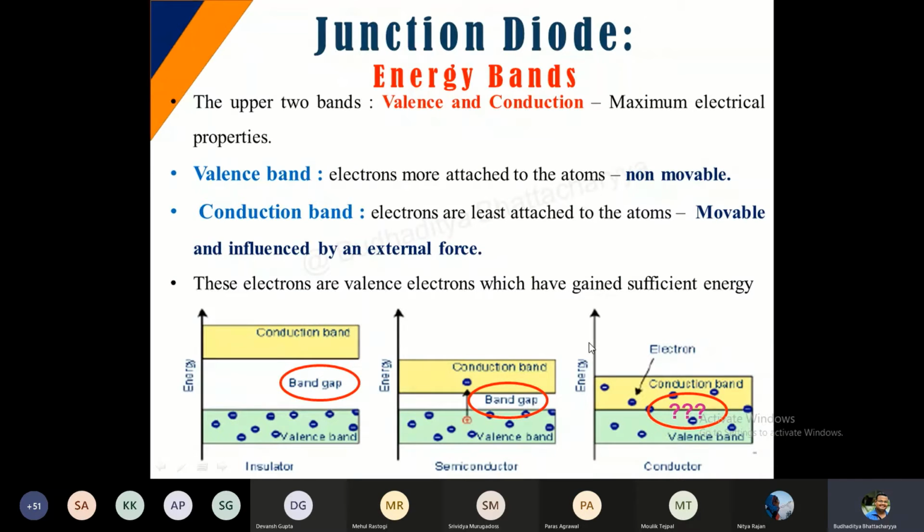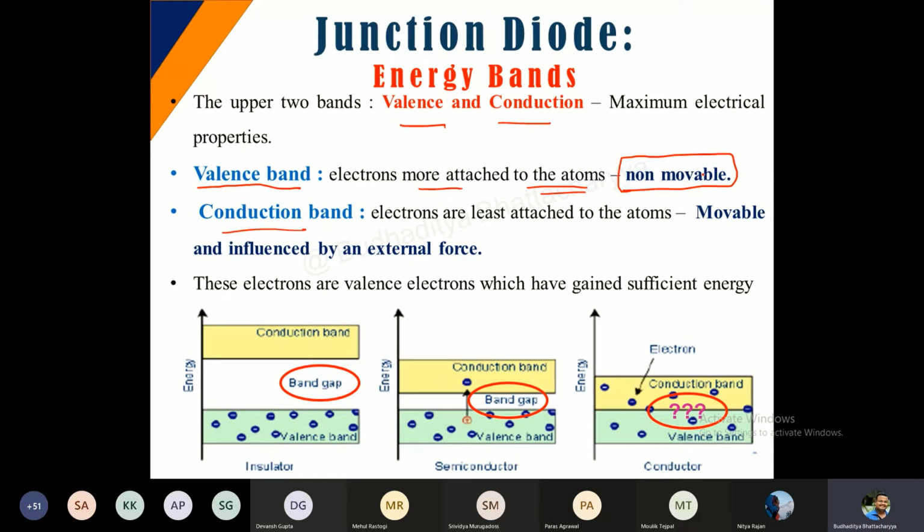Now, if you observe, I have already told you, there are three specific diagrams that we are talking about, and that is where the band gap comes in. Valence and conduction band, I have already told you what exactly they are. But now if you observe, the valence band is where electrons are more attached to the atoms compared to the conduction band. The electrons in the valence band are ideally non-movable.